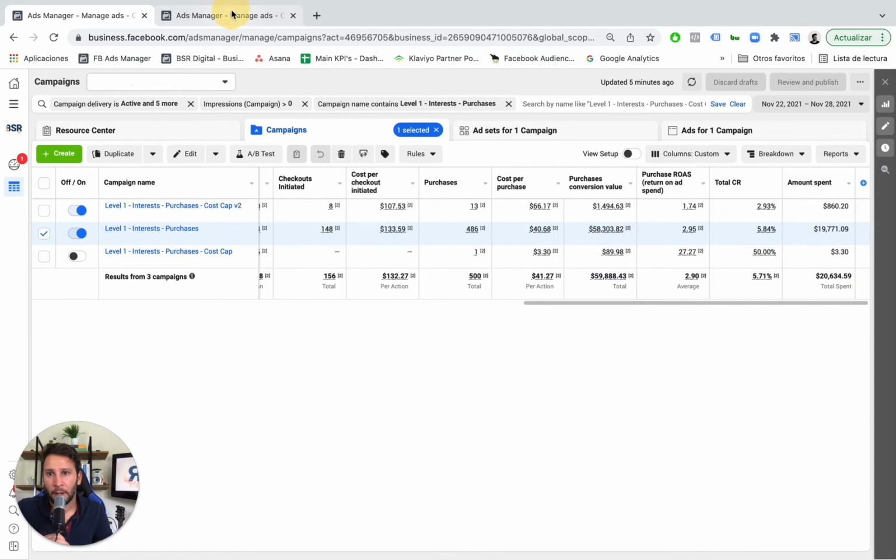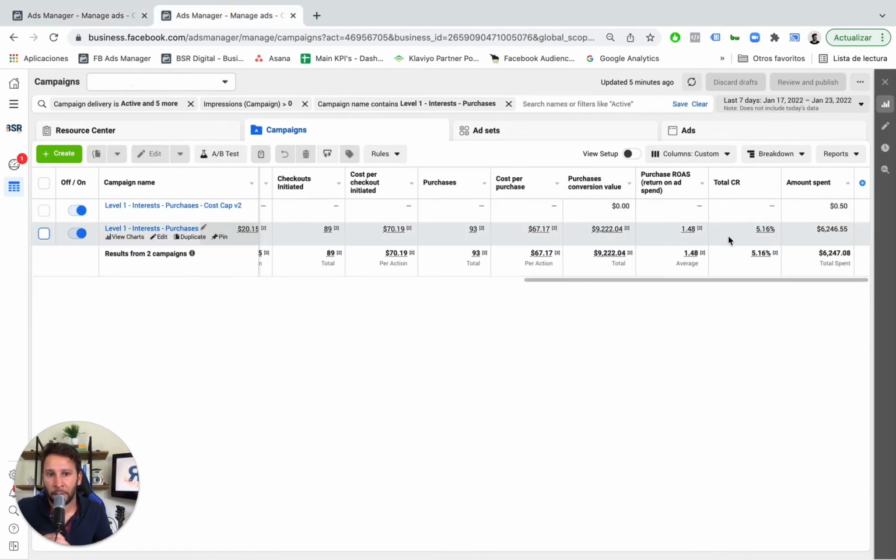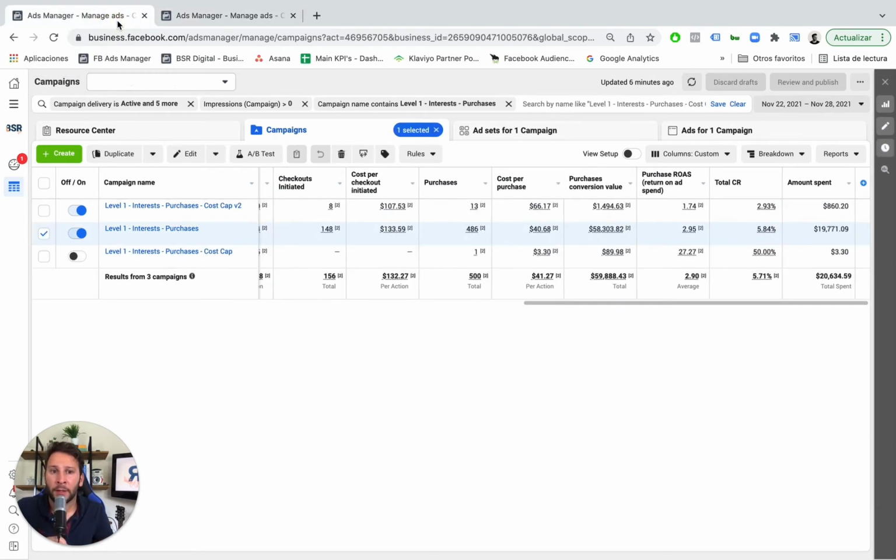5.84. If I go to the current period, the last 7 days, I see that it's still high, but there's a slight dip in performance to 5.16, right? So far, so good. Nothing crazy. There's not a huge dip. Why do we take a look at that?